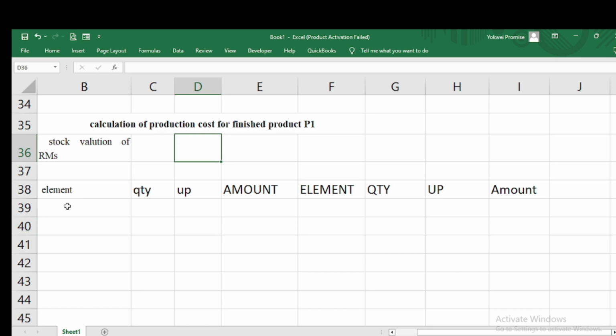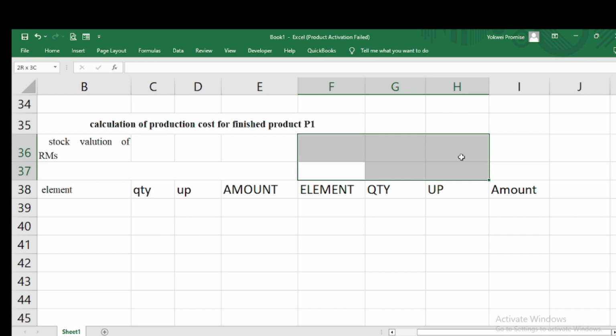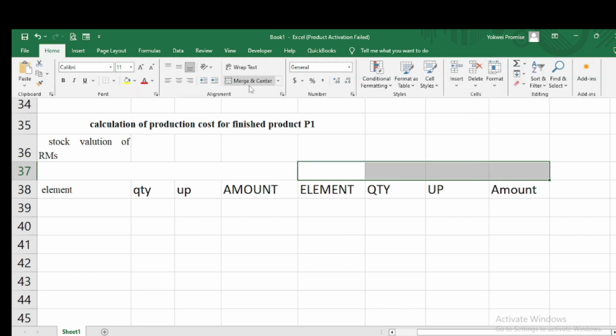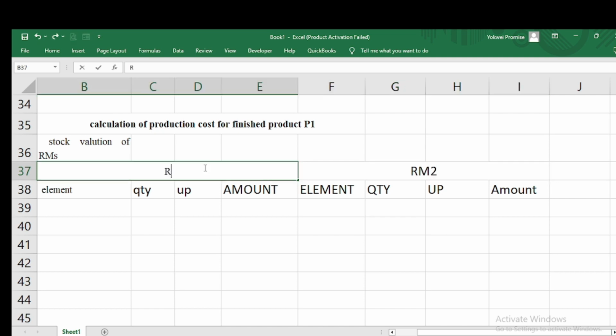Right, let's take the first raw material M1, and then raw material M2. Okay, let's move.